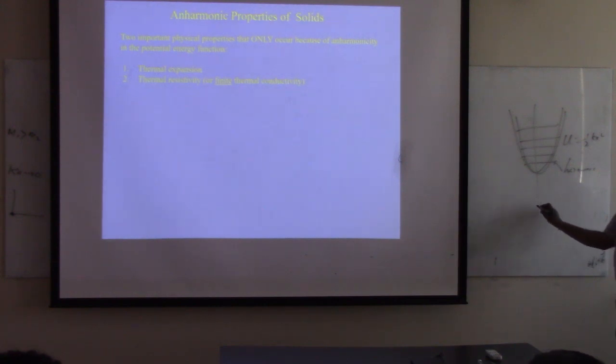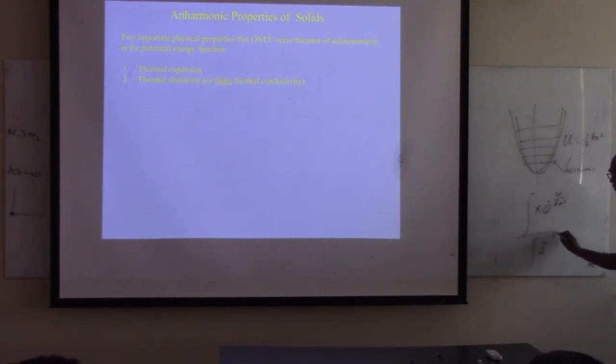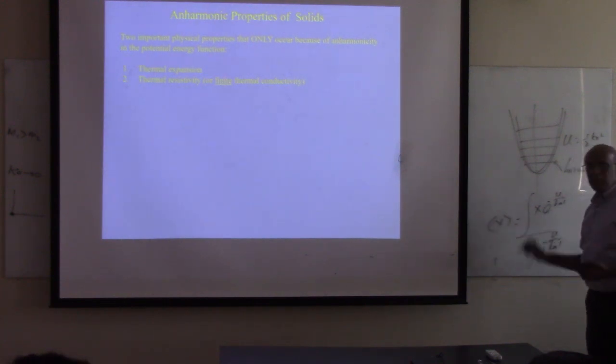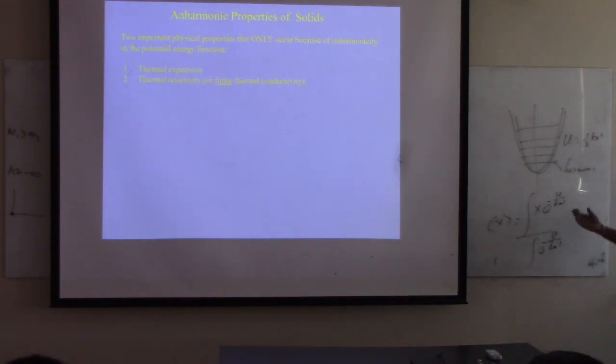So if you want to find the average x, you multiply by e to the minus U over kBT, right? Then divide by the total Boltzmann integral. That's how you calculate the average value of x. So for any function f(x), you multiply f(x) by this Boltzmann factor and divide by the Boltzmann integral here.